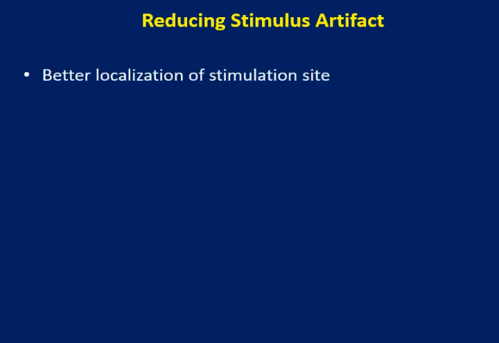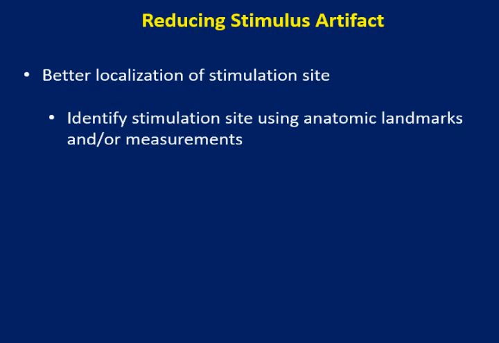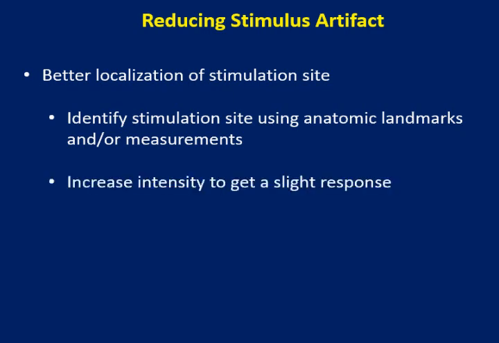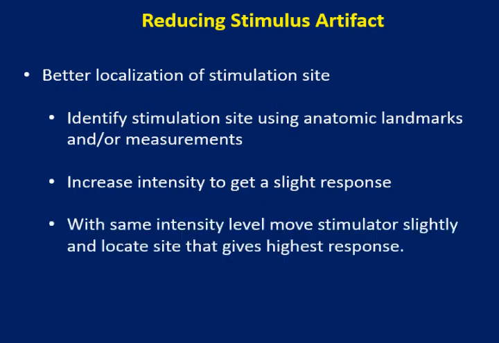The second strategy is to better locate the stimulation site. We identify the stimulation site using the anatomic landmarks and measurements. The stimulus intensity is gradually increased till a small response is observed. With the intensity maintained at that level, we change the position of the stimulator, medial versus lateral or anterior versus posterior, to locate the site that gives the largest response.